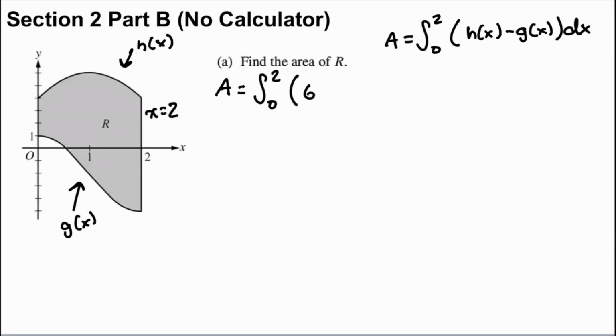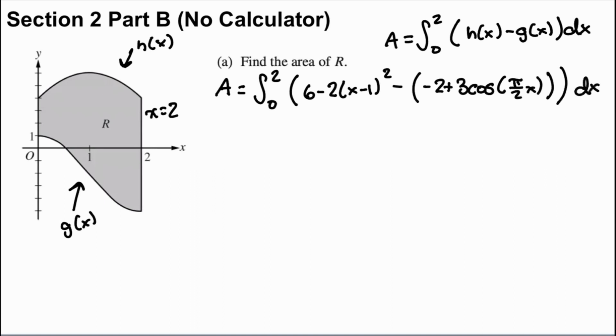So we have 6 minus 2 times x minus 1 squared, minus, this whole thing is being negated, negative 2 plus 3 cosine of pi over 2x, and this whole thing dx. Now that's a lot.